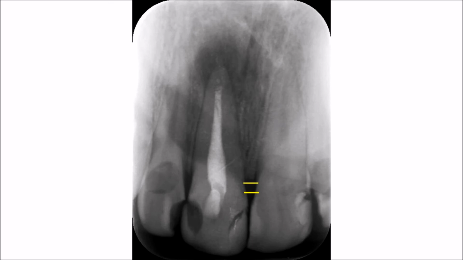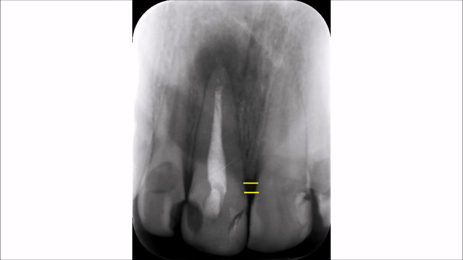So if the line connecting the cemento-enamel junctions slants towards either side, the line of the alveolar bone crest should also follow, keeping the parallel relationship between those two lines.